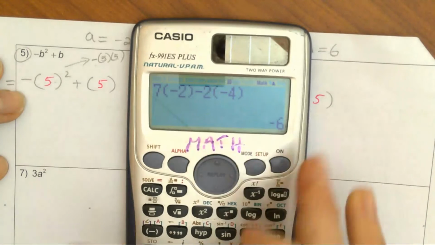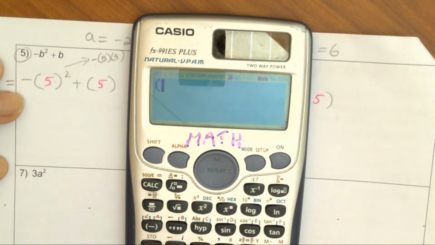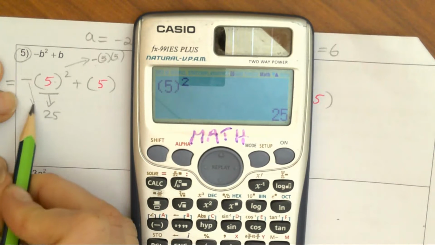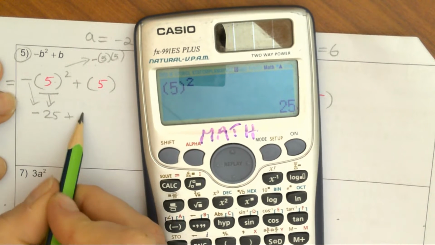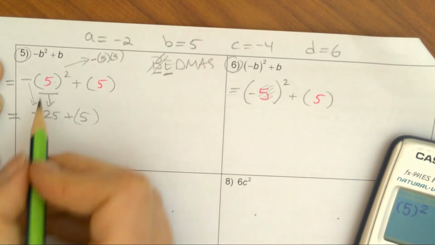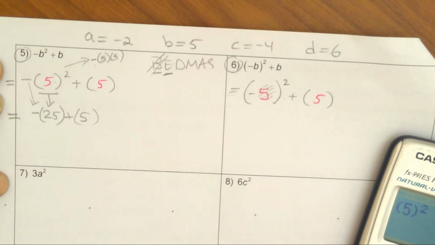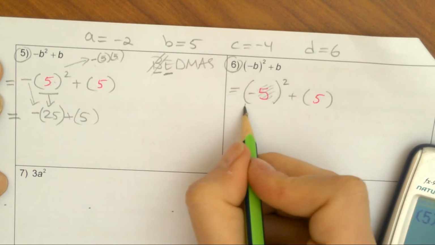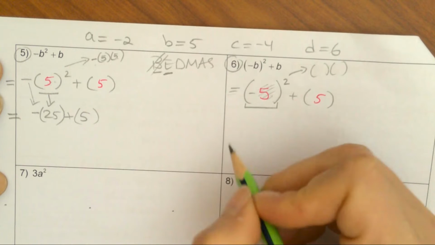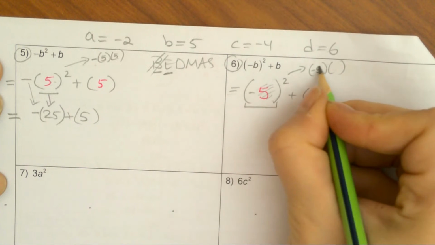And I can always do that in my calculator. 25, so this is 25, and I put the negative back in front. Okay, and I can keep the brackets if I want. All right, let's do this one. Please write the brackets twice. What's inside the bracket? -5, -5.